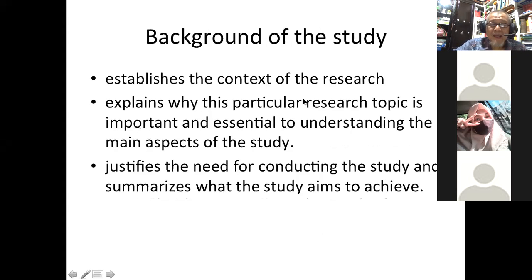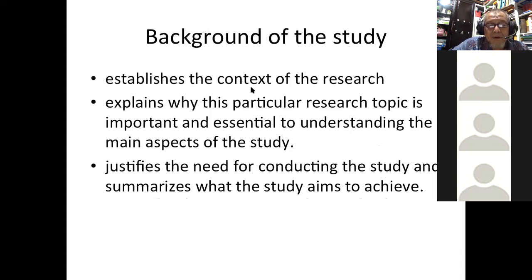Okay, next we'll come to the main part, the background of the study. Usually we as researchers, especially beginning researchers, find it very difficult to establish the context of the research.